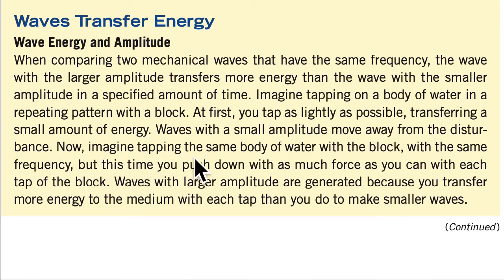Now, imagine tapping the same body of water with the block, with the same frequency, but this time you push down with as much force as you can with each tap of the block. Waves with larger amplitude are generated because you transfer more energy to the medium with each tap than you do to make smaller waves.